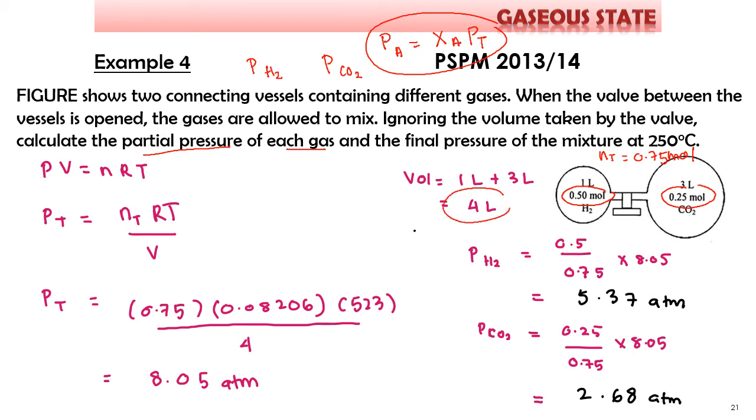The total volume here is 4 liter, so you will get the total pressure 8.05 atm.